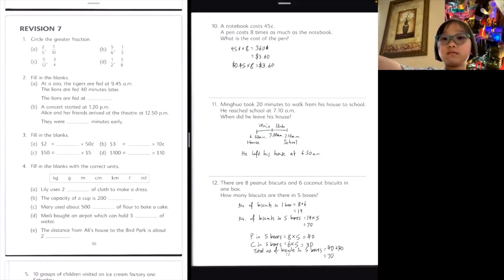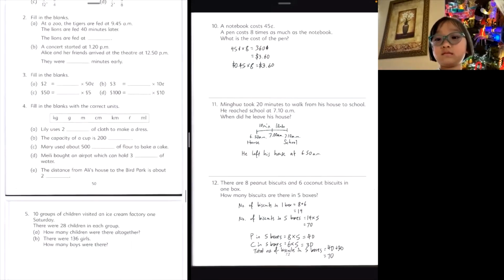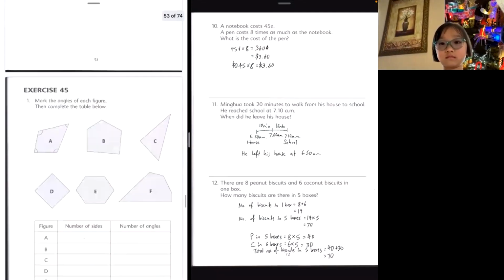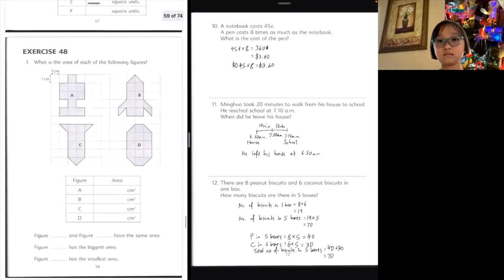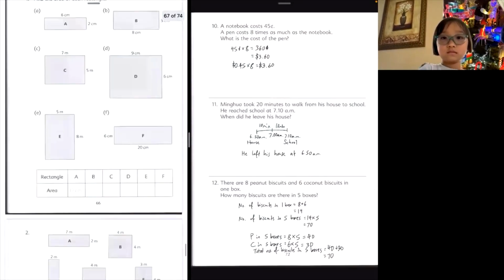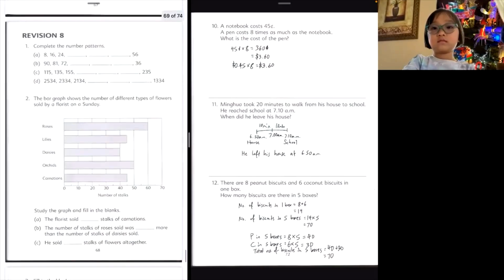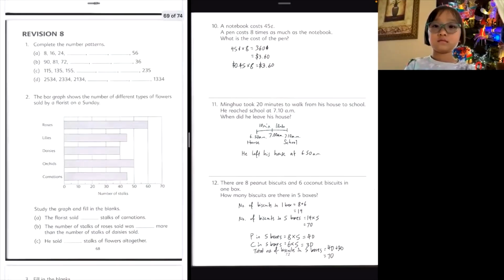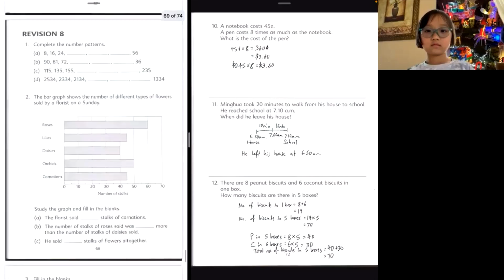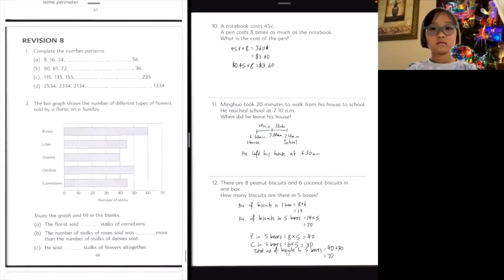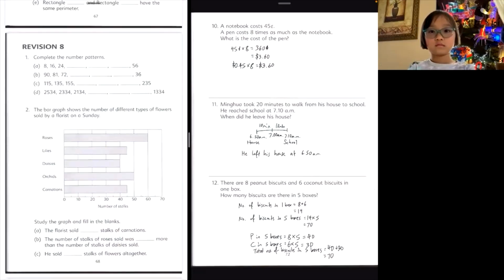You've done it. Okay. Both revision 7 and 8. If you've done revision 7 and not 8, then I suppose you can just start on 8 now.